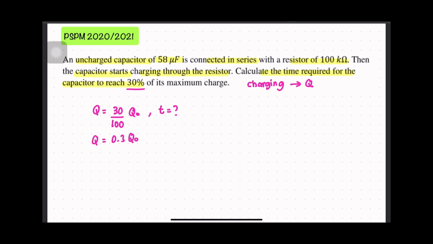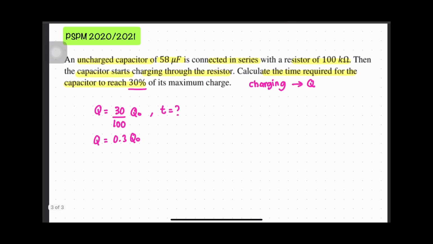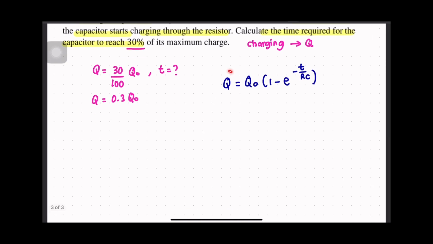Okay, so first kali you cari formula untuk proses charging bagi Q. So proses charging dia adalah Q is equal to Q0 times 1 minus exponent negative T over RC. Okay, so Q ni adalah Q pada mana kita nak.